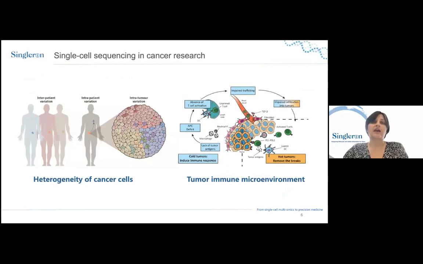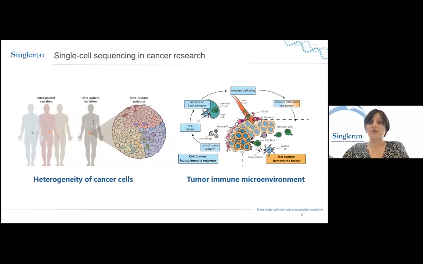In particular, in cancer research, single-cell sequencing enables you to study the intra-tumor variation of the cells present in the tumor, because the tumor does not consist of one single cell type, but is a mixture of different types of cells with different functions. It also enables you to study the interpatient variation of tumors coming from the same tissues across multiple patients.